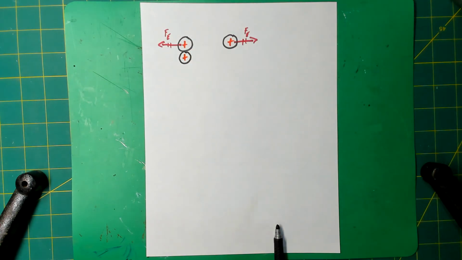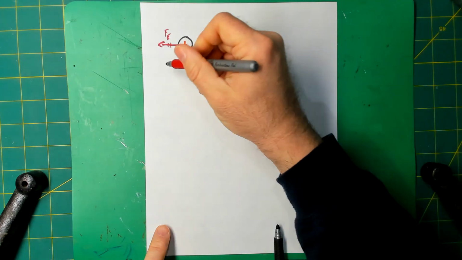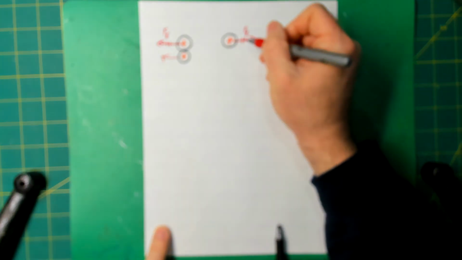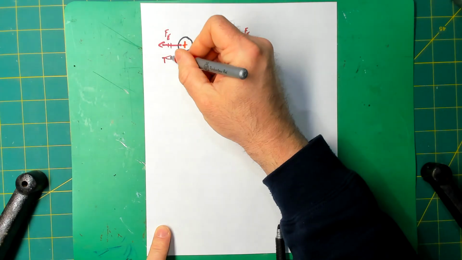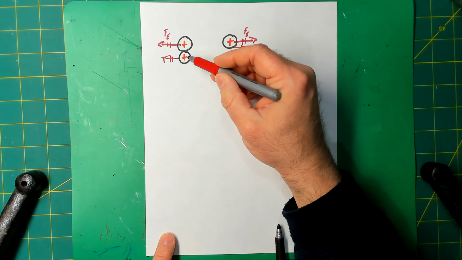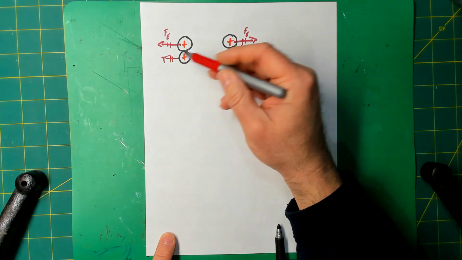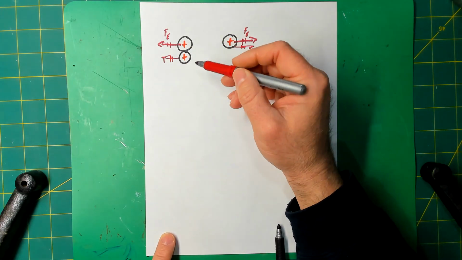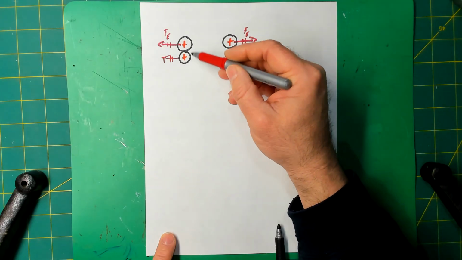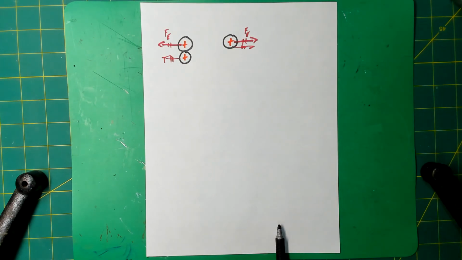You know what I mean? And so if there's two of them, well, he's going to push just as hard as this guy pushed, right? And so it would basically double the force then, right? And so you say, well, that means the amount of charge I have here, if I double it, it would double the force. If I tripled it, it would triple the force. That electric force should be directly proportional to how much charge we have here.